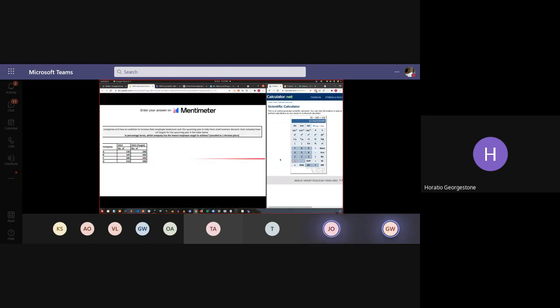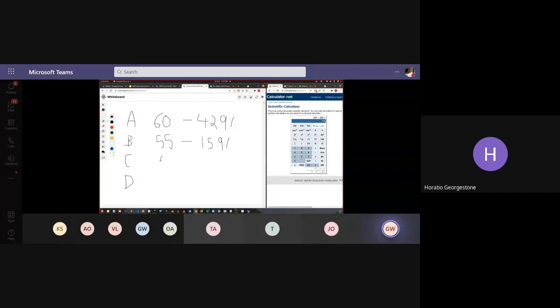C is looking for an increase of 61. Is that so? 350 minus 289, 61. Yeah. And so as a percentage of 289, that is, times 100, get 21.1%.